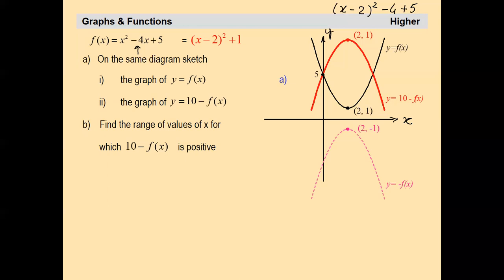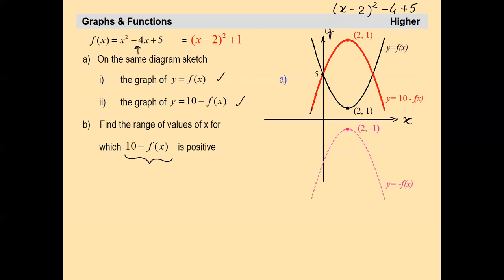So then that'd be your final function in red. So that's how you would draw your first graph, draw your second graph. Now, if we're asked to find the range for which this new function is positive, so there's my new function, 10 minus f of x.